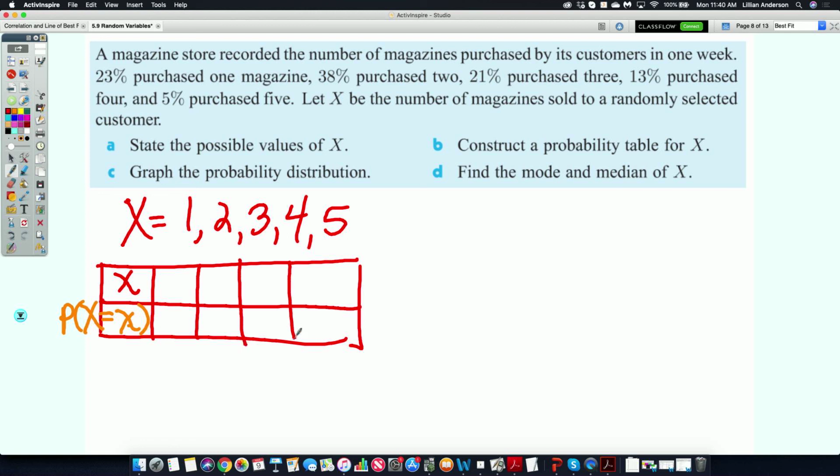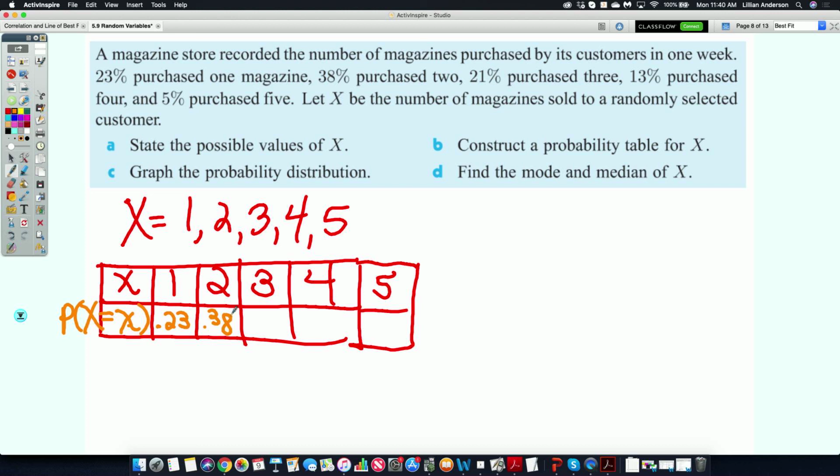So how many magazines could they purchase? All the way up to 5. What are their probabilities for one magazine? So that would be 0.23. What about for 2 magazines? 0.38.